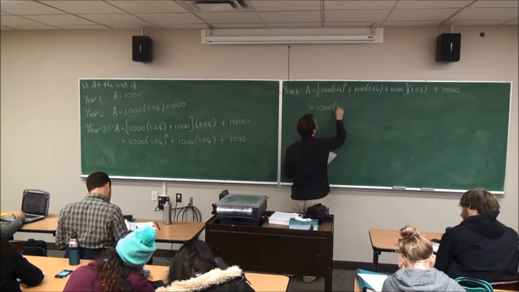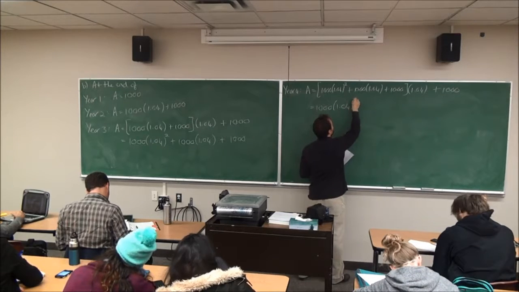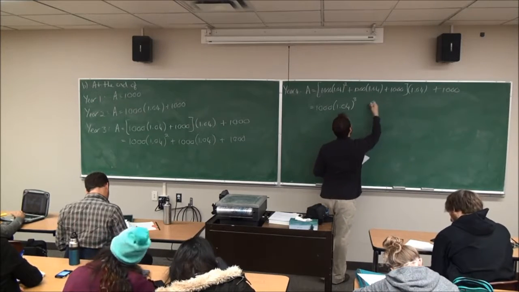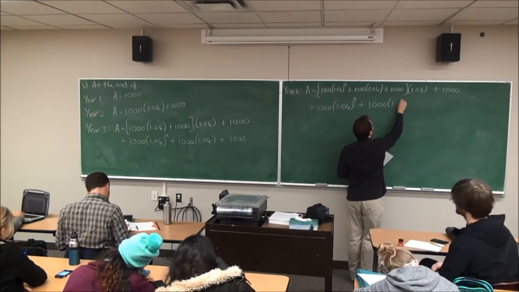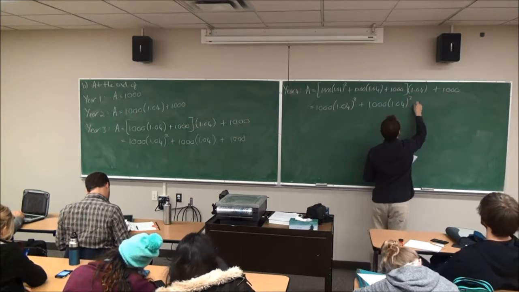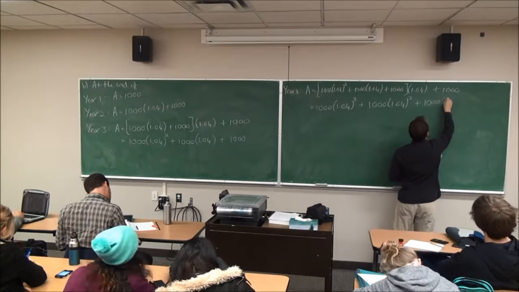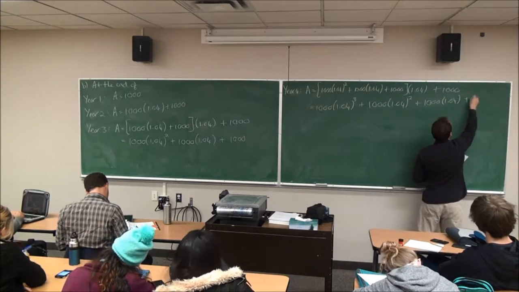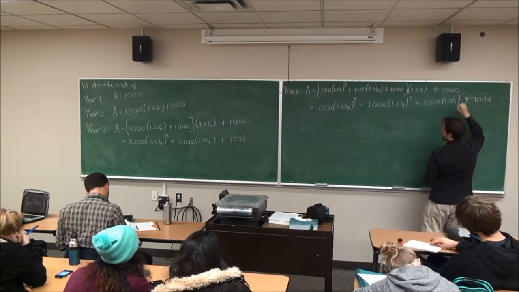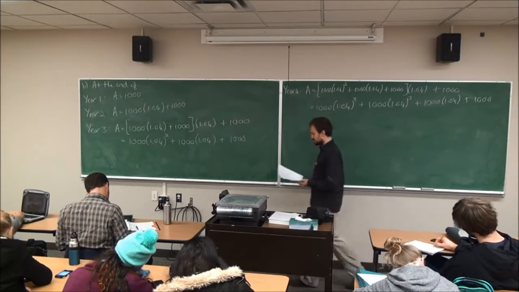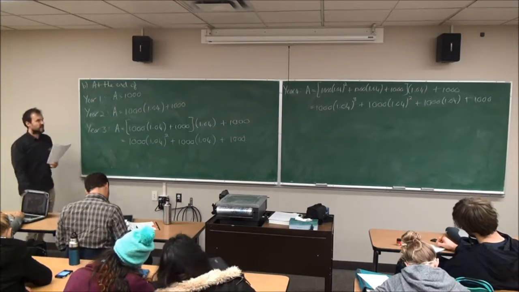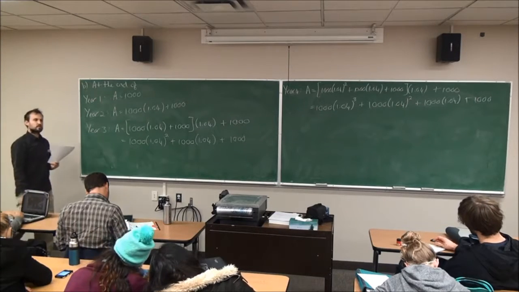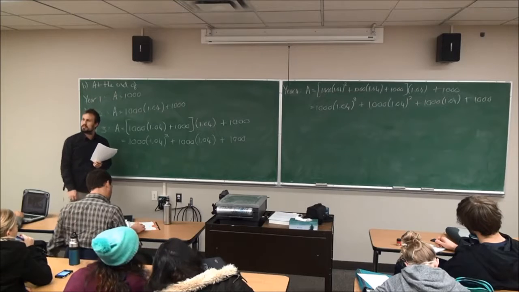I have 1,000 times 1.04 cubed, because I multiply this into the bracket, multiplied with this middle one, 1.04 squared, plus 1,000 times 1.04 plus 1,000. And I can keep going, but you quickly see that I'm looking for a formula to do all this work for me.